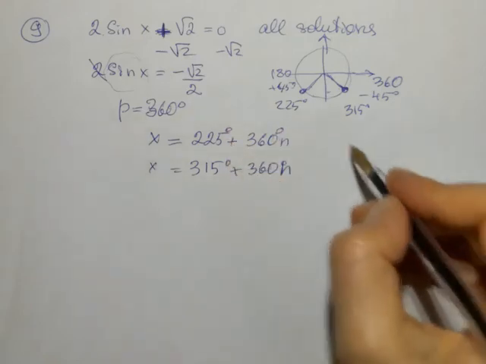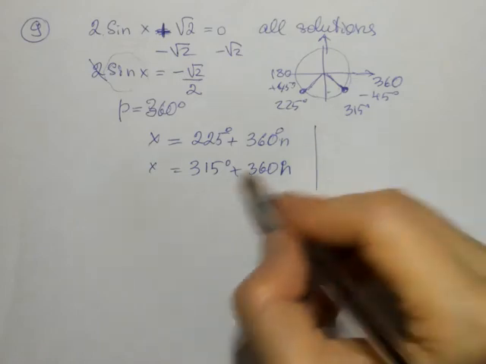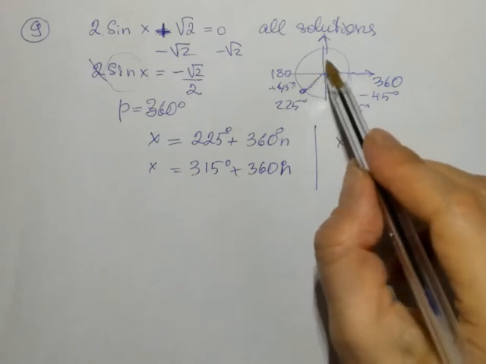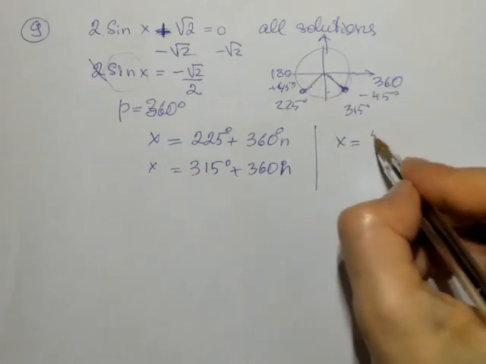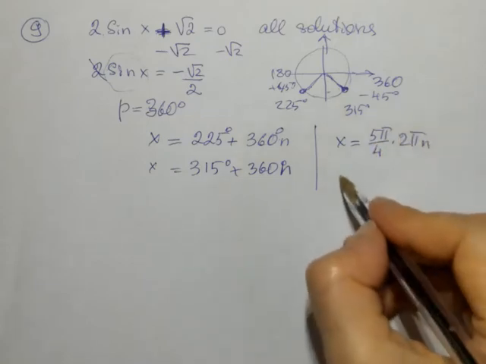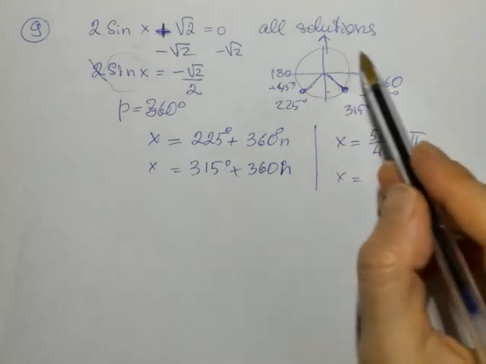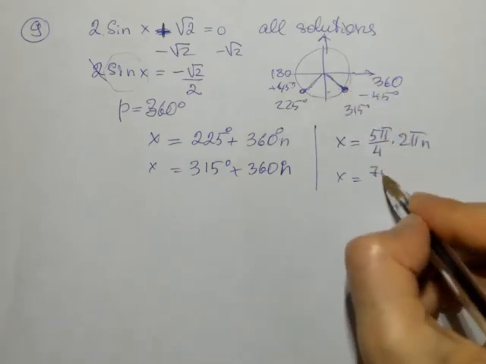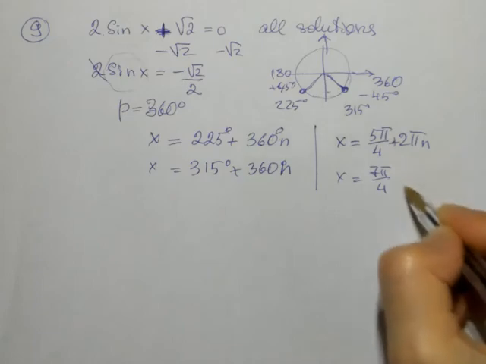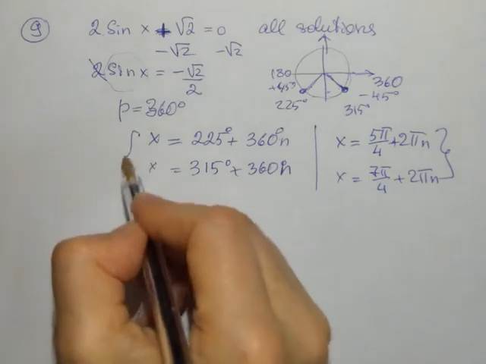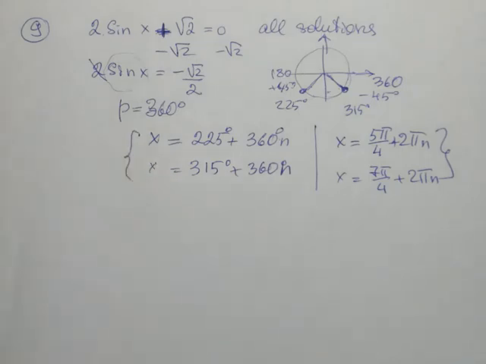This is in degrees, or in terms of pi, the same solutions can be written as x equals 5 pi over 4 plus 2 pi n, and 7 pi over 4 plus 2 pi n. So either this or this pair of solutions. And n can be any integer.